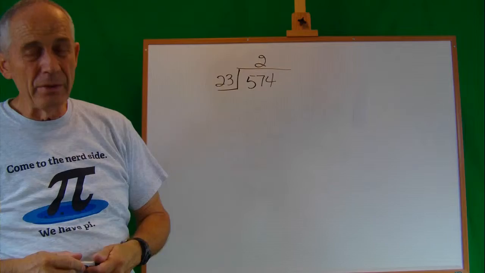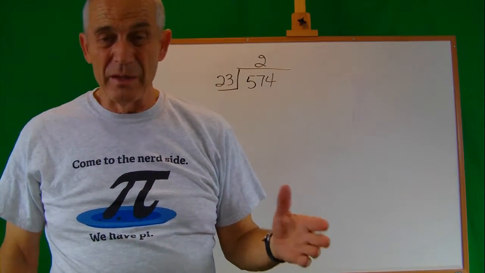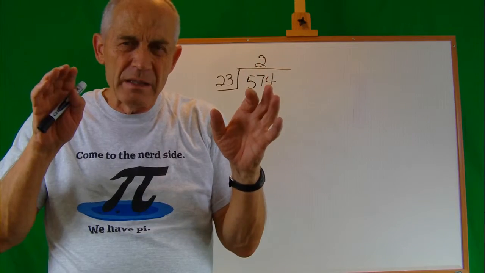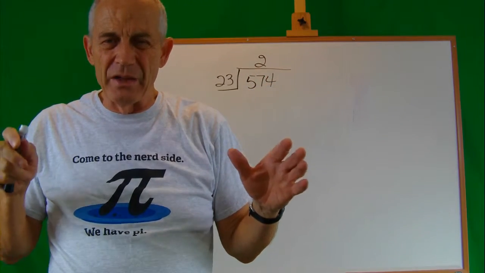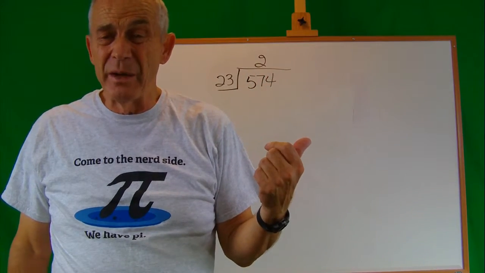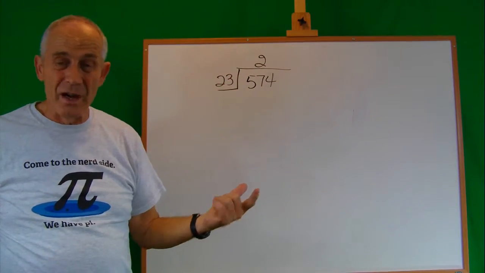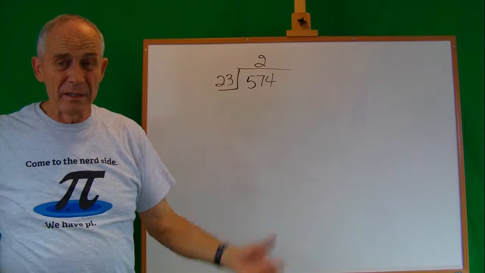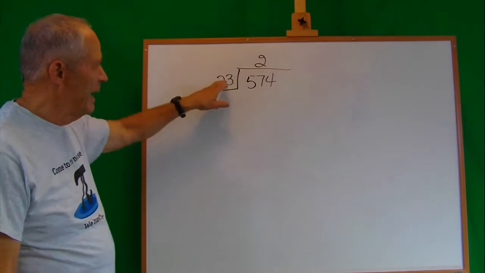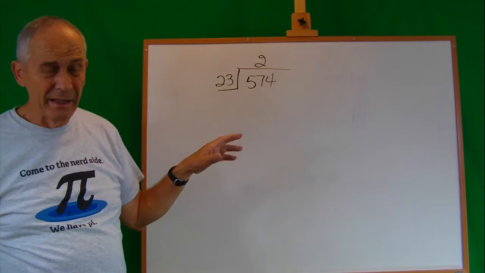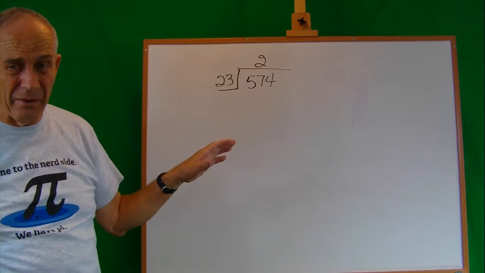Now sometimes we do this and it doesn't quite work out like we thought, but we don't care. We're talking about a situation where the numbers are a little more challenging, and so we've got to find a way to deal with it. This gives us a place to start, so we're happy to have a place to start. Now, I only used the 2 for the estimating, and I do have that 3 to take care of here.